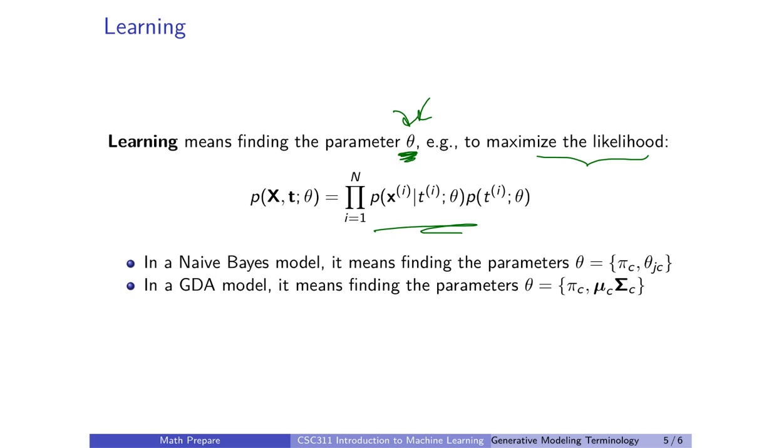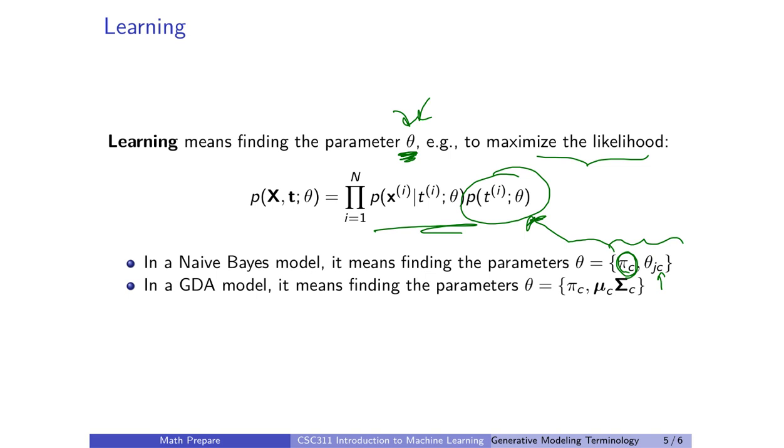In naive Bayes, it means finding these parameters, so the pi's, which are the parameters to this categorical distribution, and the theta jc's, which were these Bernoulli parameters of a bunch of Bernoullis.